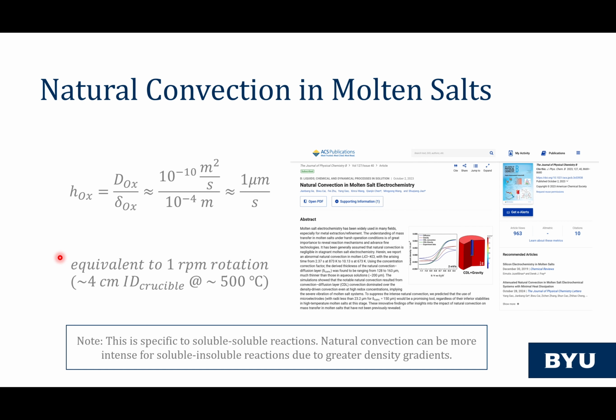So, it's not incredibly significant, but when you're operating at low scan rates, for instance, these voltammograms are 2 millivolts per second, then it can actually start to play a role. And of course, if you have things like you're making bubbles or you're plating out metals, then that can augment the natural convection, and you can start having more significant density gradient convection as well. So something to look out for.